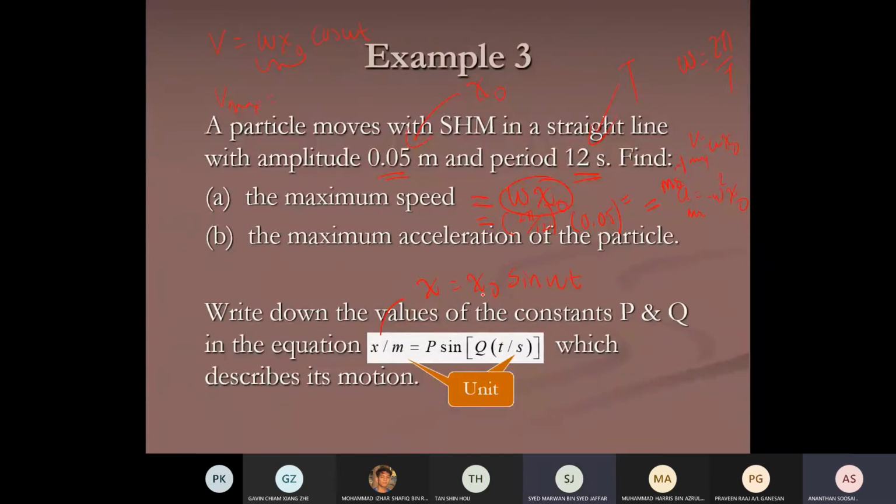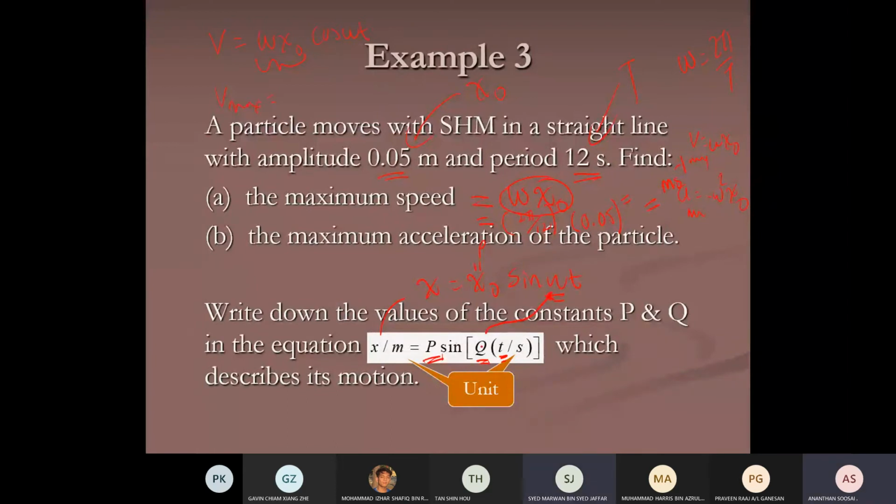But here they put a symbol. X naught was replaced with P. X naught is P. Omega t, t is there. So omega in this case is your Q.